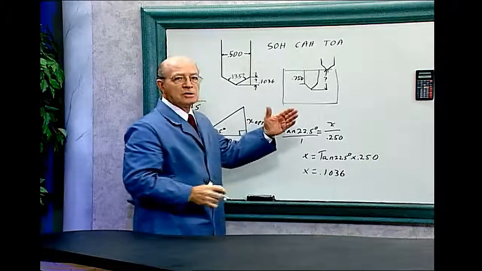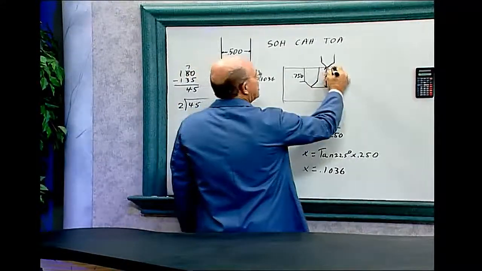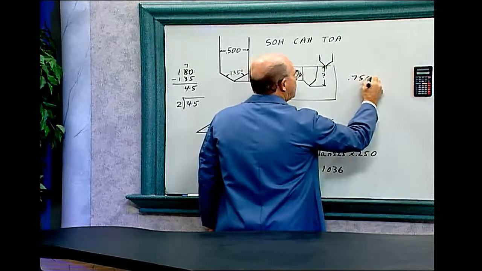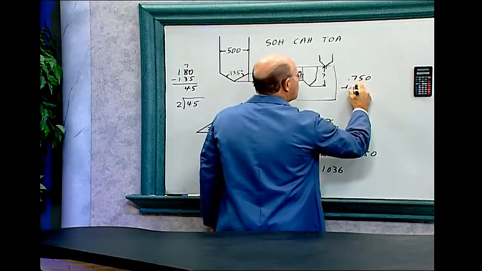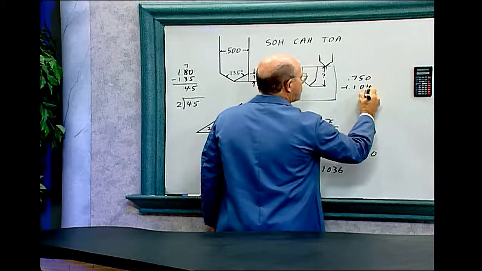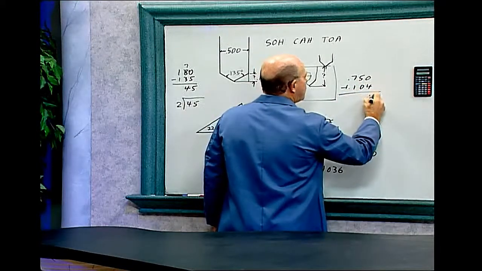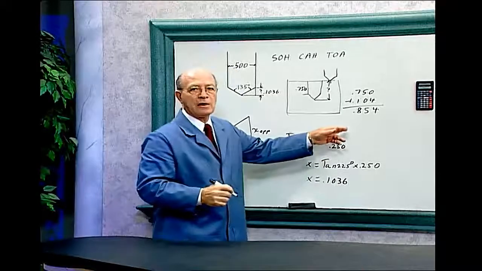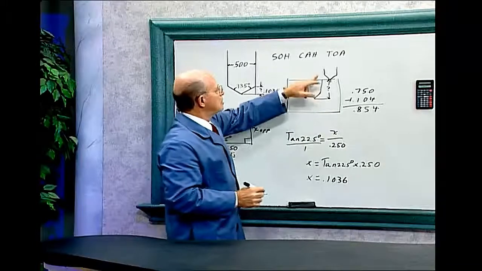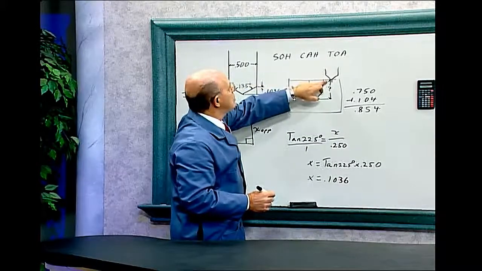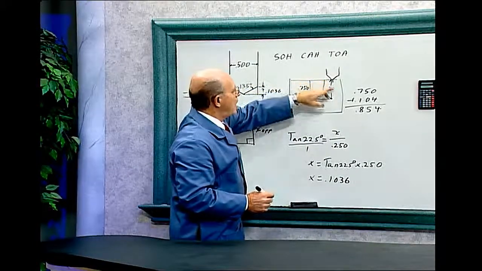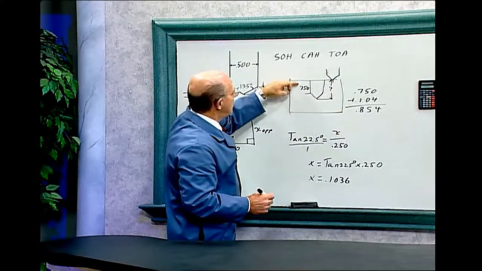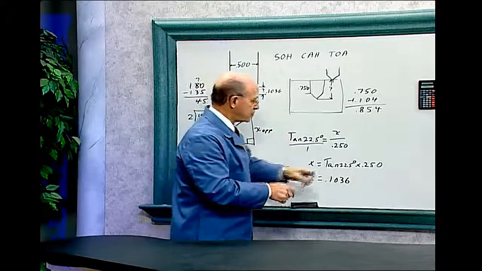So now the machinist, if he picks up the point here, he can go in 750 plus 103, we say 4, round it up, be close enough for that, 854 thousandths. Now the machinist could take that drill bit, touch the metal over here, and go down 854 thousandths, and then this will be 750 thousandths.